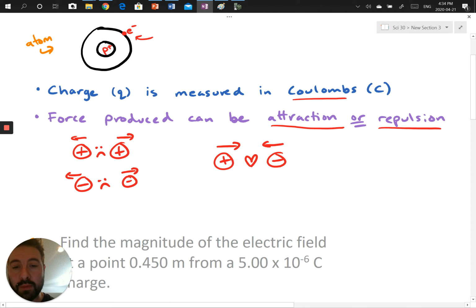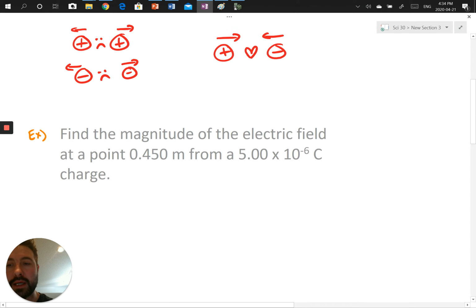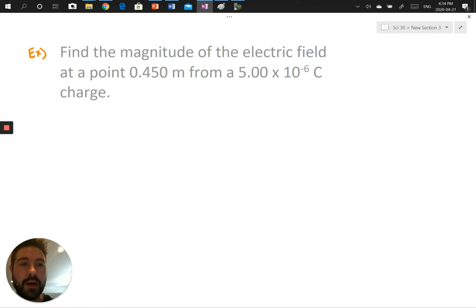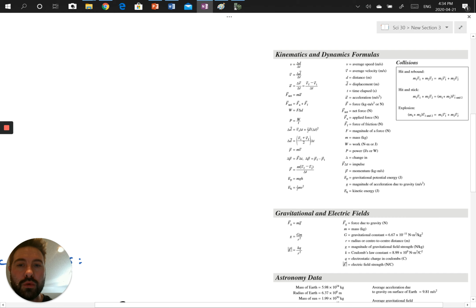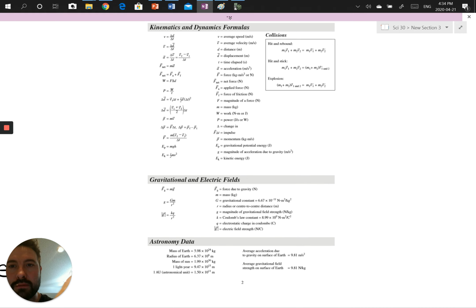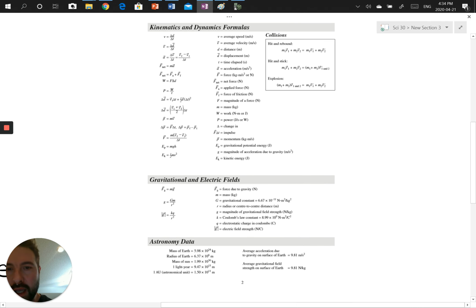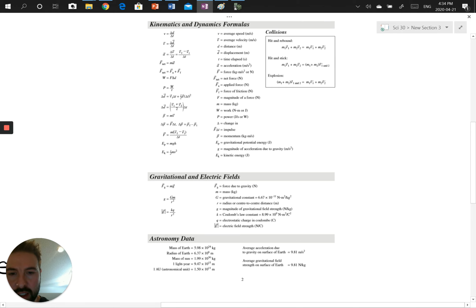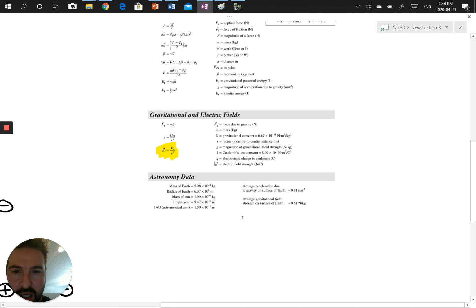Keeping that in mind, let's take a look at this problem. We're going to do a calculation. We need to go into our data booklet, and we're going to find that the formula actually looks very familiar to us. It's this formula here. We have capital E. Notice it has that little arrow that signifies it's a vector, so it could be a repulsive or an attractive force, but it also has these lines around it, so it's absolute value.